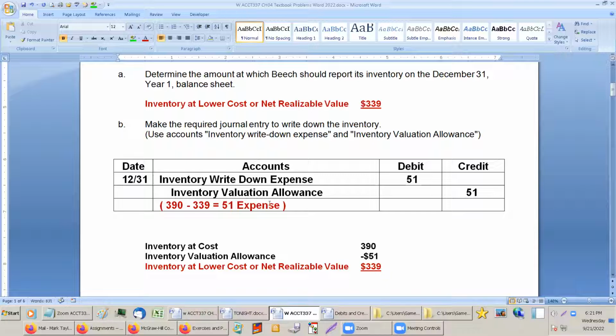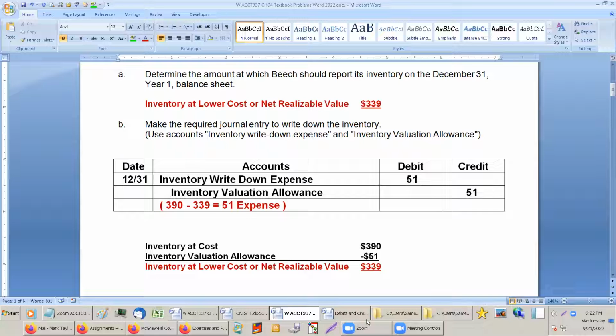In real life, a lot of larger companies would probably just use that. But if they were to spell it out, it would look like this. Inventory costs, inventory valuation allowance.